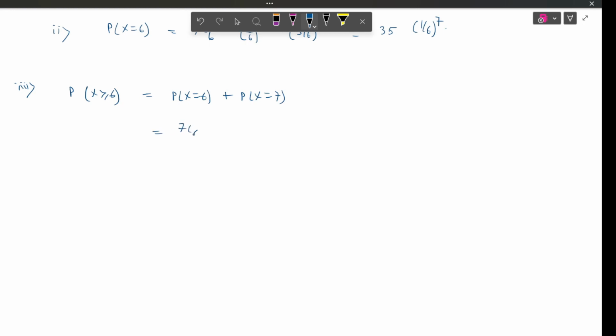So 7C6, 1 by 6 to the power 6, 5 by 6 to the power 7 minus 6 plus 7C7, 1 by 6 to the power 7, 5 by 6 to the power 0. If you calculate, you will get it as 1 by 6 to the power 5. Okay, I am not calculating. Please calculate and recheck with the answer.